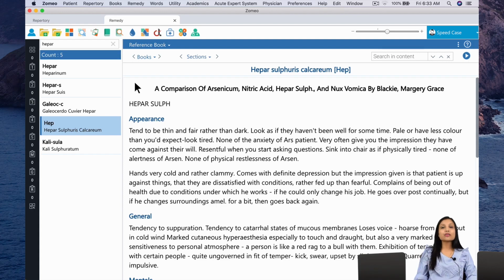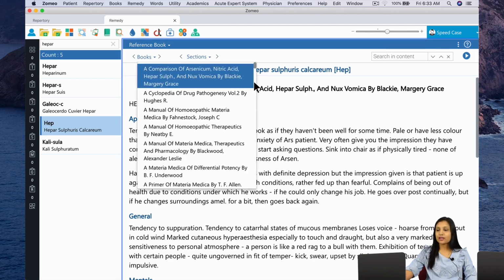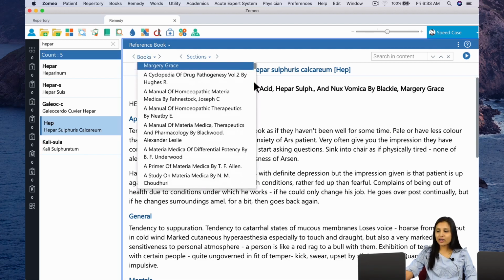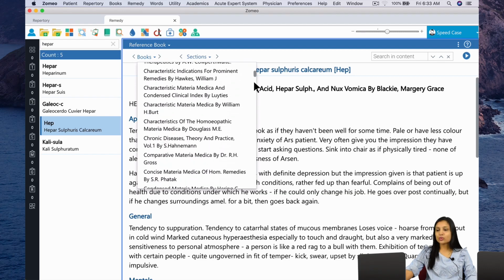But since we are looking for Chronic Diseases, let us now go to that book. To refer to that book, click on the drop-down arrow present next to the word Books. And by scrolling down in the list, we go to Chronic Diseases, Theory and Practice, Volume 1 by S. Hahnemann.